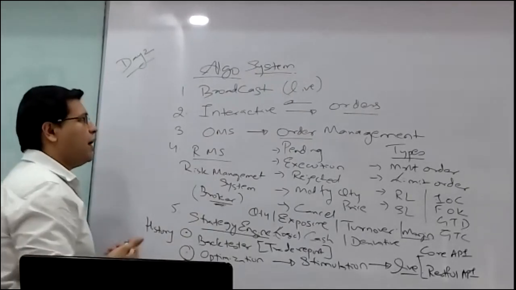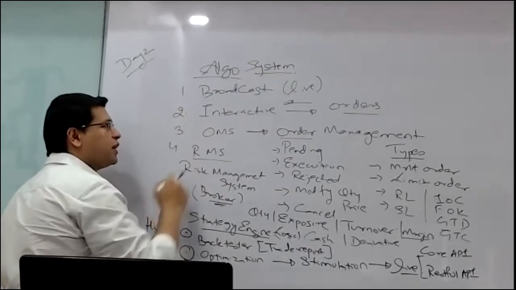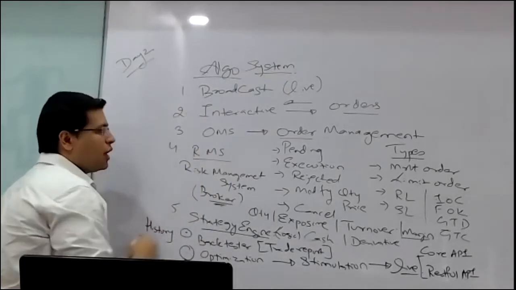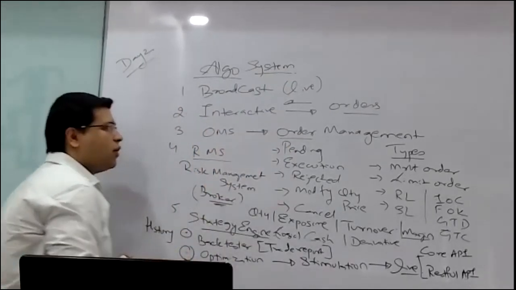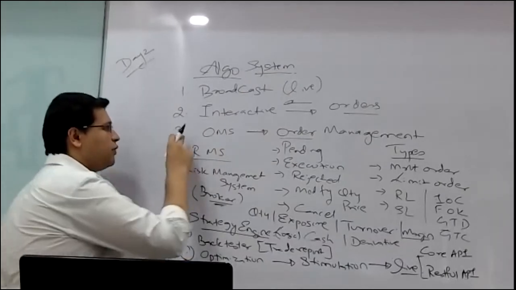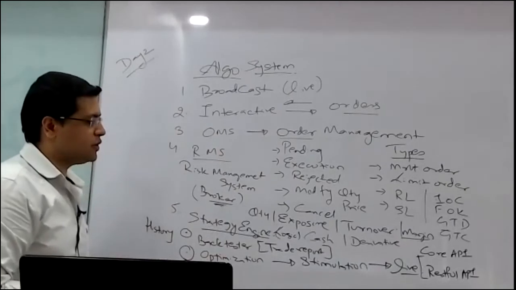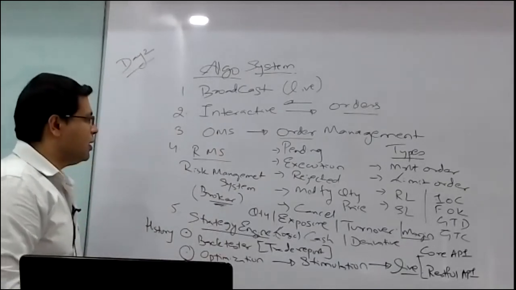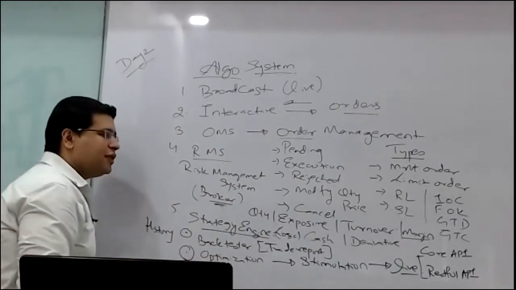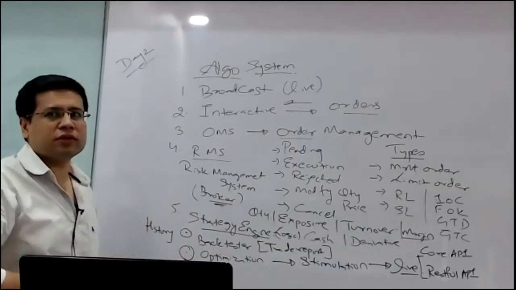It should have these 2 channels where you get the live broadcast and you send the orders to the exchange. You have OMS and RMS, and you have the heart of the algo system, which is nothing but the strategy engine. Now 1, 2, 3, 4 will always remain constant. It will not change.